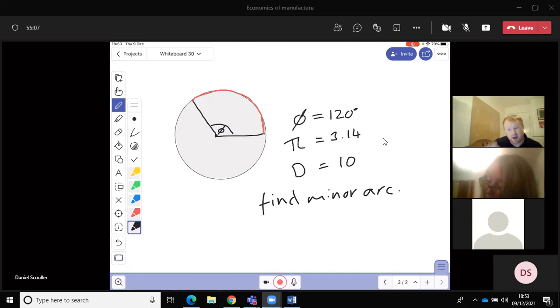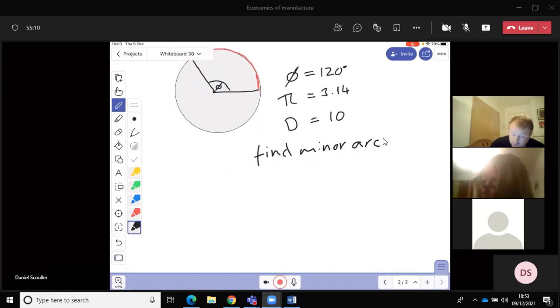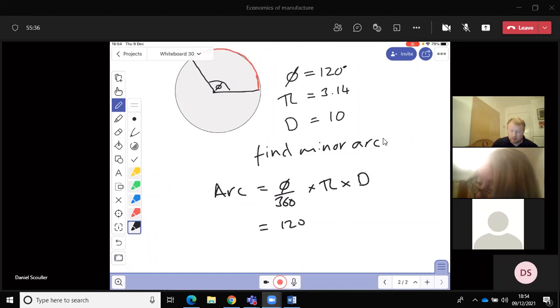So we want to put that in our calculation. Let's work through that. Arc is equal to the angle over 360 multiplied by pi multiplied by the diameter. Let's substitute in: 120 over 360 multiplied by 3.14 multiplied by the diameter, which is 10.